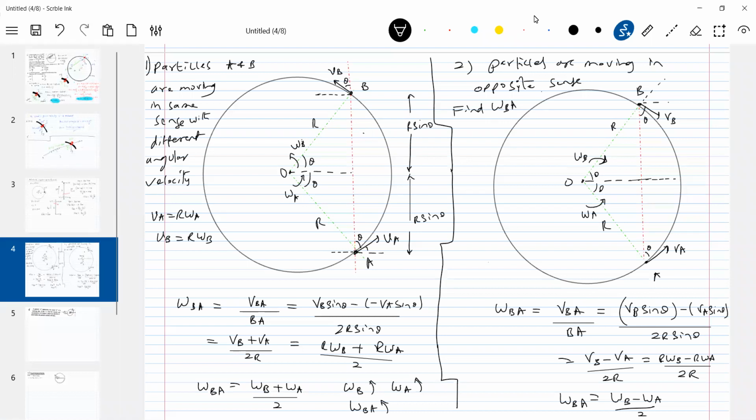Particles A and B are moving in the same sense with different angular velocities on a circle. Need not, I'm not saying anything, in that position only. At that instant, it is. Okay, sir.